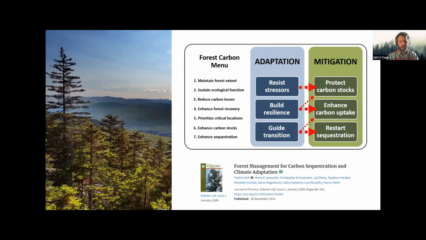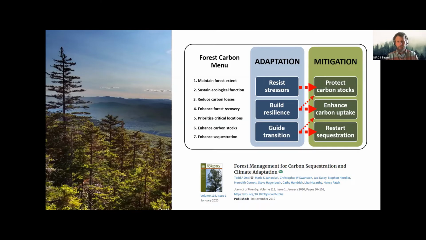This figure shows how that menu speaks to both the adaptation piece and the mitigation piece, and how those ideas can align very nicely. Thinking along those adaptation options of resistance, resilience, and transition, this figure shows how those 7 strategies that I've summarized on the left align. Resistance can protect carbon stocks, so you can be synergizing those approaches.